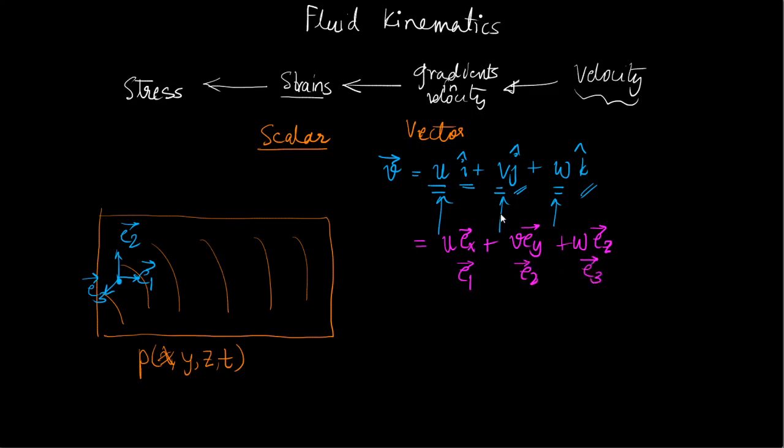But invariably you will find the velocity components as u, v, w, or u1, u2, u3, or it can also be Ux, Uy, Uz, representing the velocity in the x direction, velocity in the y direction, velocity in the z direction. This is actually a subscript. So this is how we will work.